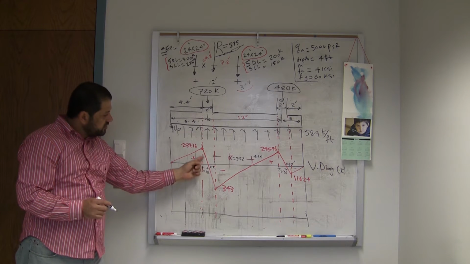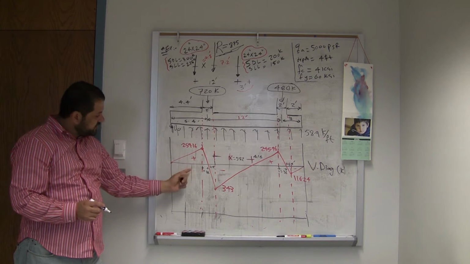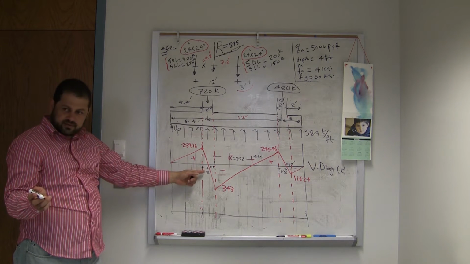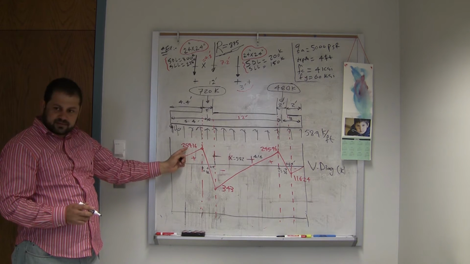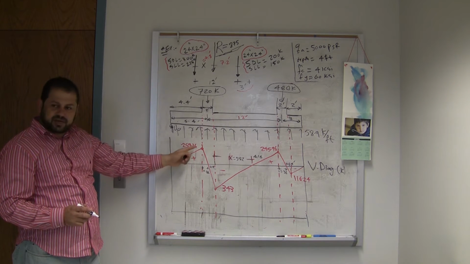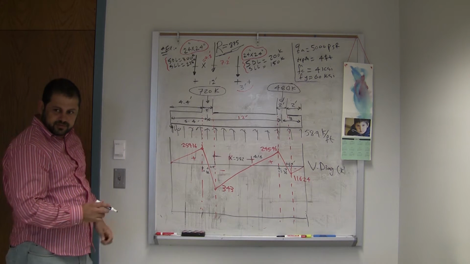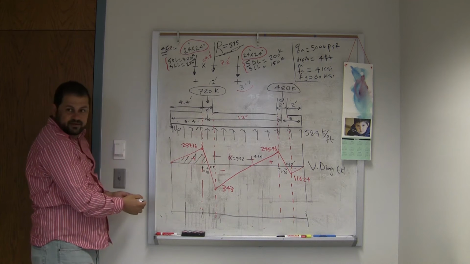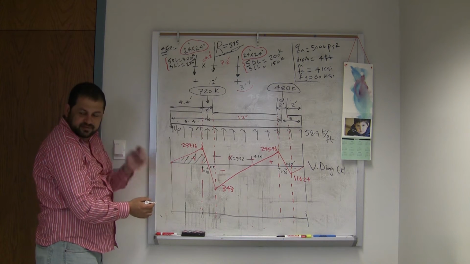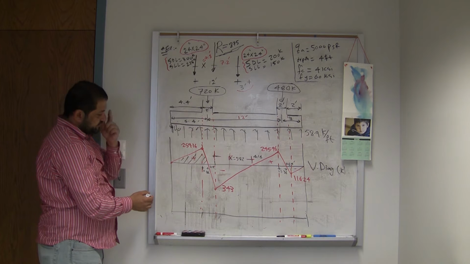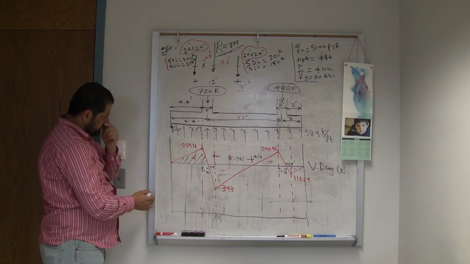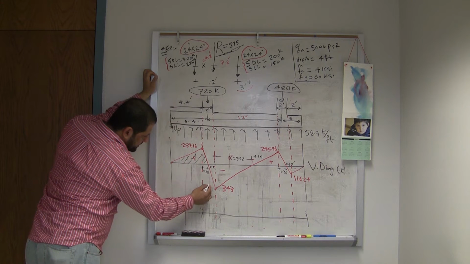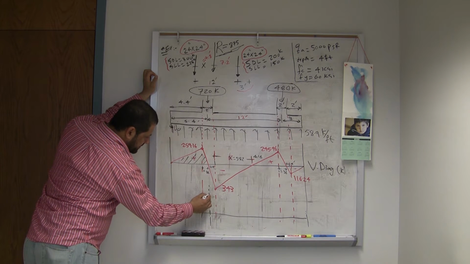Add to it this one, because all of this is positive, so 4.4 plus 0.86, that's 5.26, times 259.16 divided by 2. I get all of this positive area as one triangle because this is all positive. Alright, so that's 681 here, and then in the center will be 681.